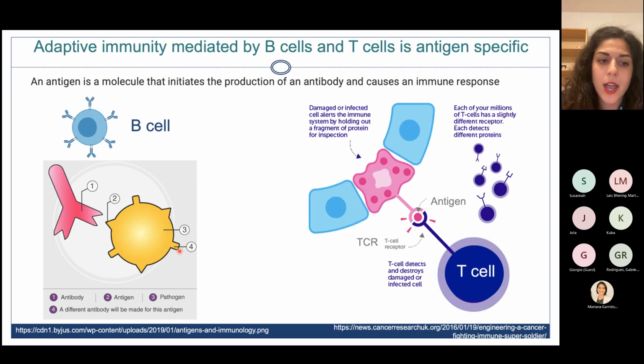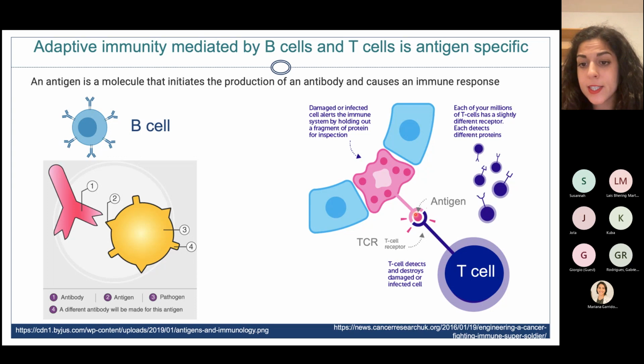Also, this antigen can be, for example, not only in microorganisms, they can also be presented by cells that are either in a stress condition or also can be infected, so the molecules of the pathogen can get inside the cells and then can be presented by the cells.